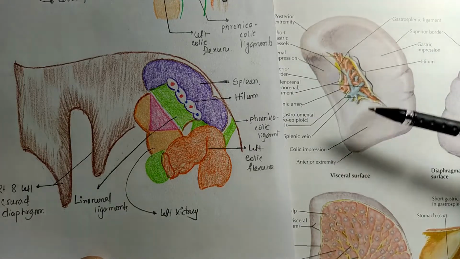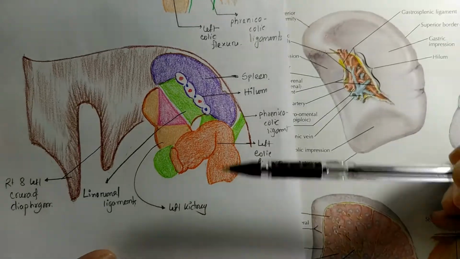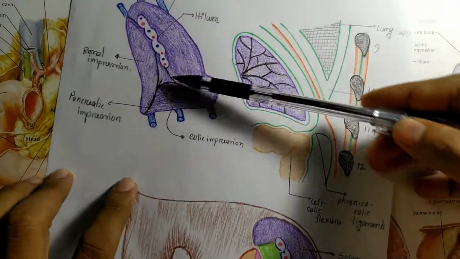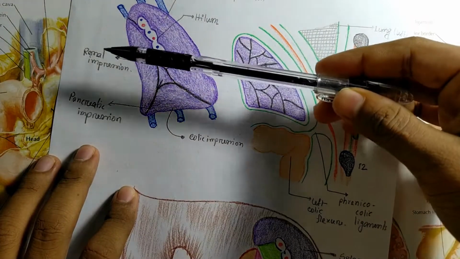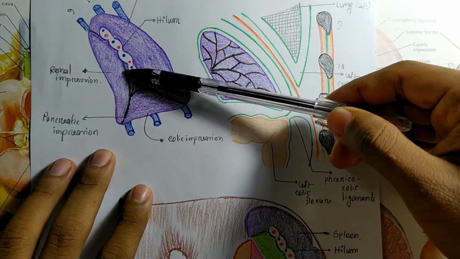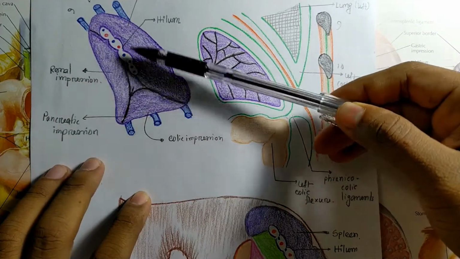That's why the name is called the pancreaticosplenic ligament. And this is the hilum, by which the hilar vessels, that is the splenic artery and vein, come in and out of the spleen.